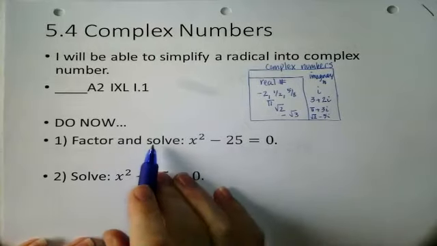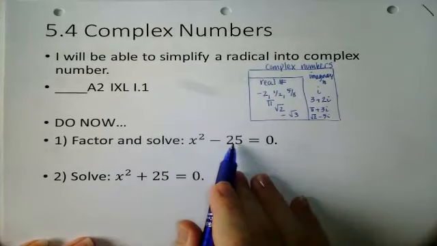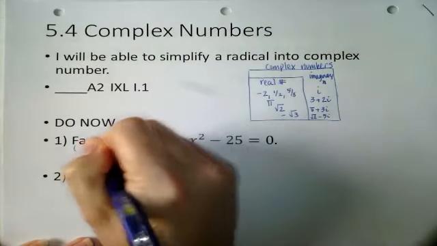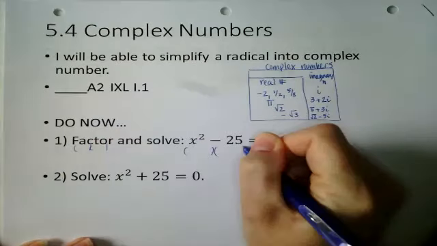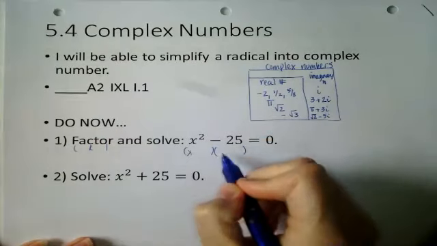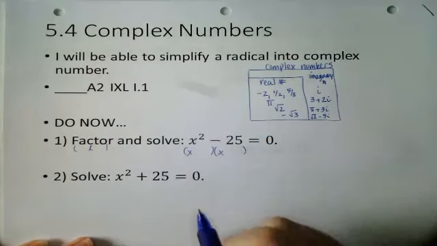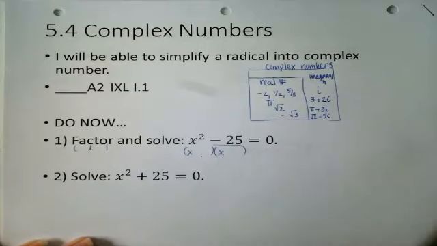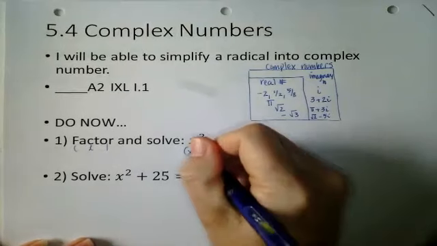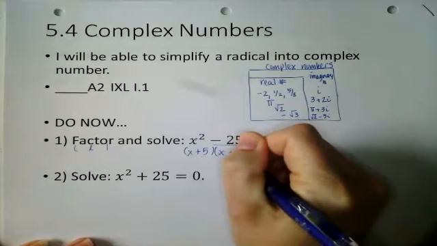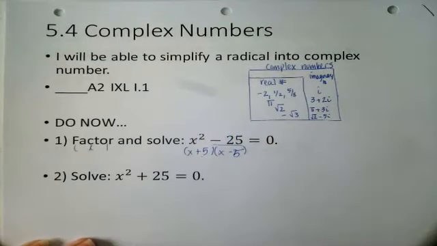We were factoring and solving in the previous unit. So this is x squared minus 25, and factor means double bubble. So I'm going to double bubble this. X times x is x squared, and last times last has to give me the last thing. What times what gives me negative 25? Well, positive 5 times negative 5 gives me negative 25.